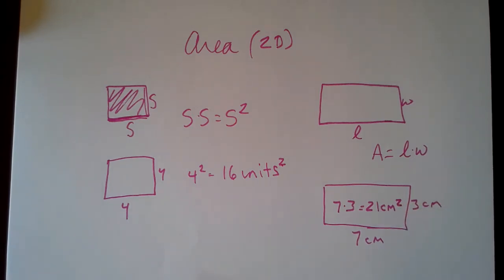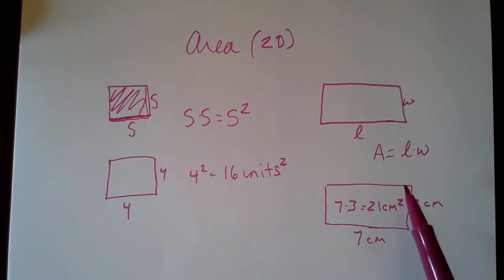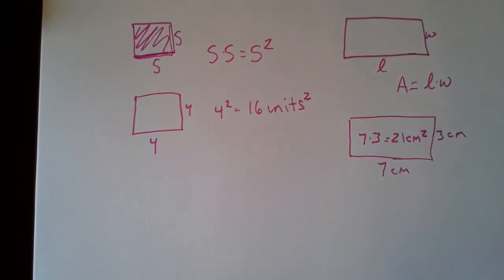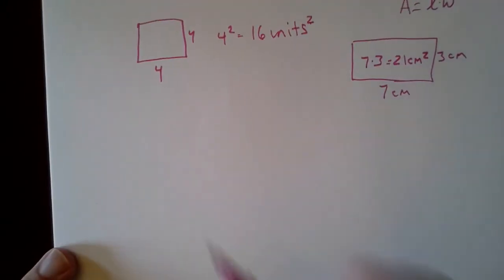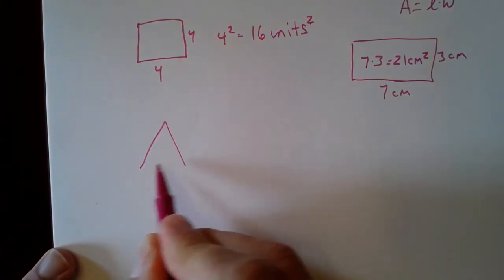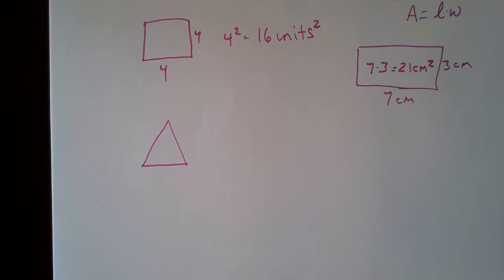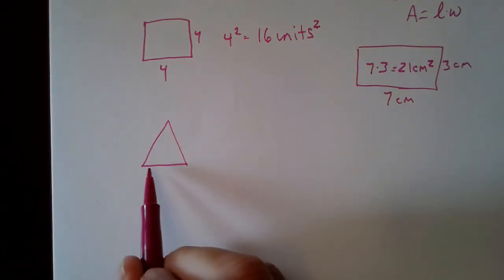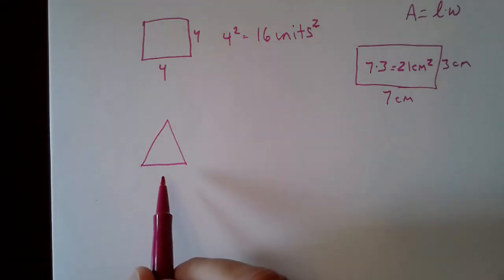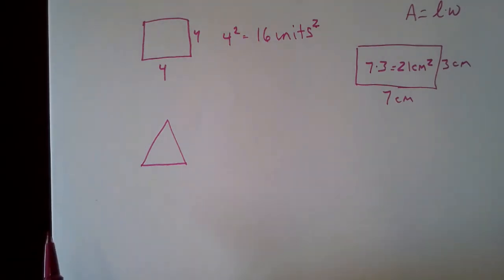All right. Area of a square, area of a rectangle. Let's move on to the area of a triangle. A triangle is actually half of any single parallelogram. A parallelogram is pretty much a rectangle. You'll learn more about those in the future if you haven't in the past. But to find the area of a triangle, it's just going to be half of a rectangle.